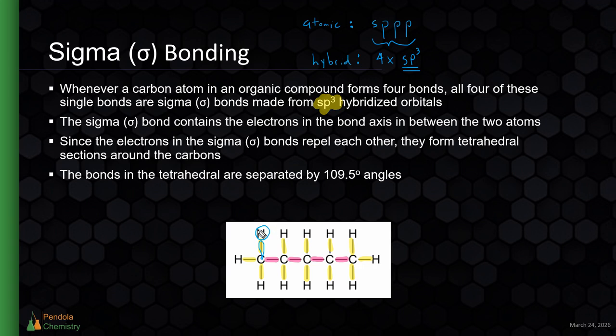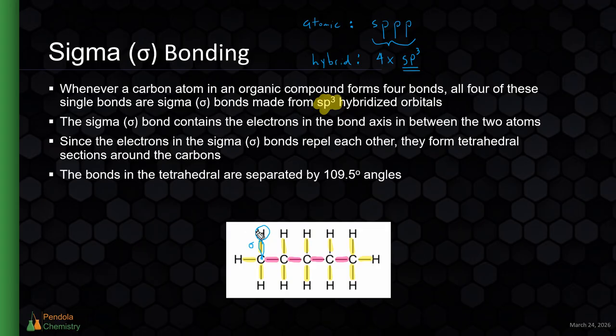Remember, hydrogen does not have hybrid orbitals because it doesn't have any p orbitals to hybridize. So the actual sigma bond that we see here being created between carbon and hydrogen, and that's true of all of these yellow ones, happens because of the overlap of the hybrid sp3 orbital from carbon with the s orbital from the hydrogen.